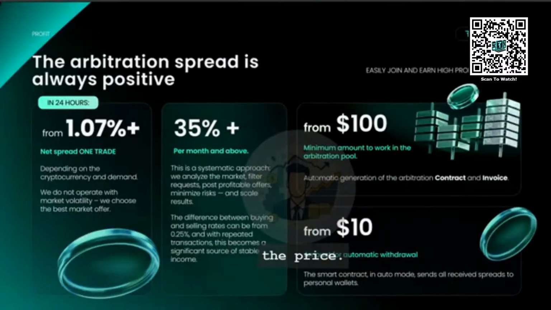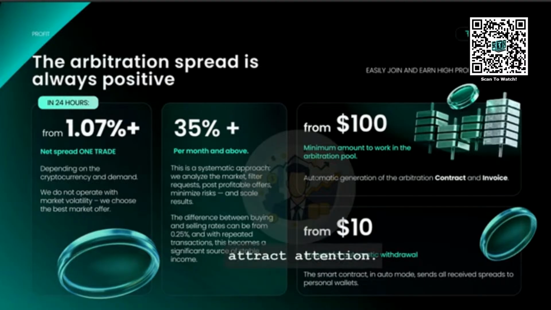Now, obviously, the part most people care about is profit. Spreads can generate over 1% daily, depending on market demand and conditions. And this is where people should remain realistic and think carefully, because high returns always attract attention.